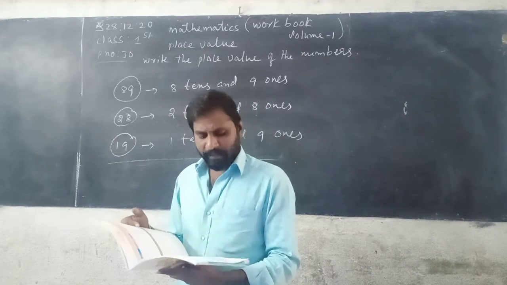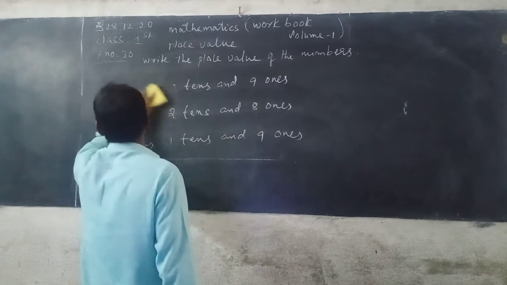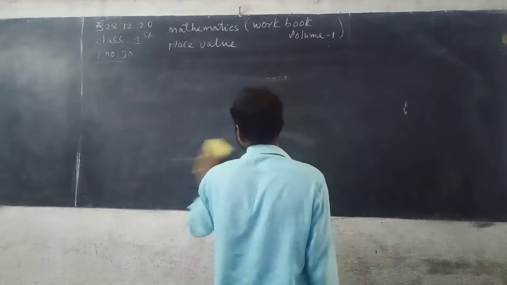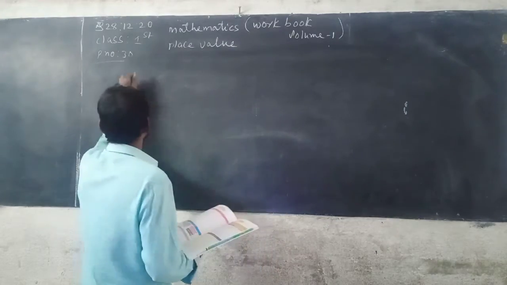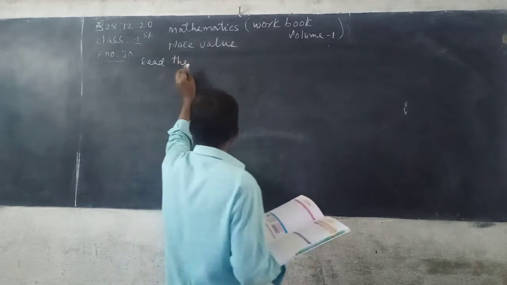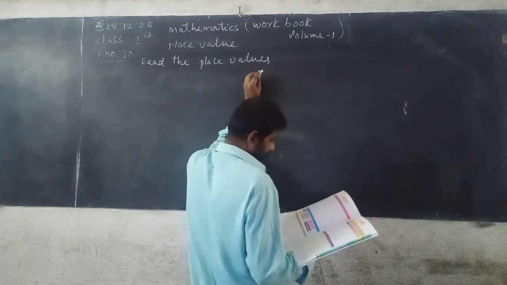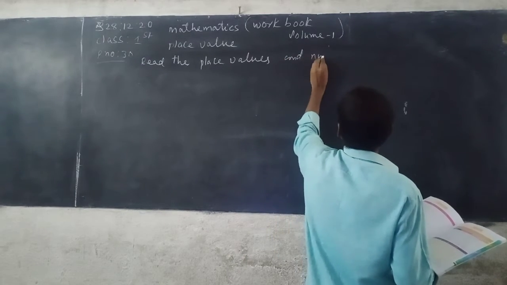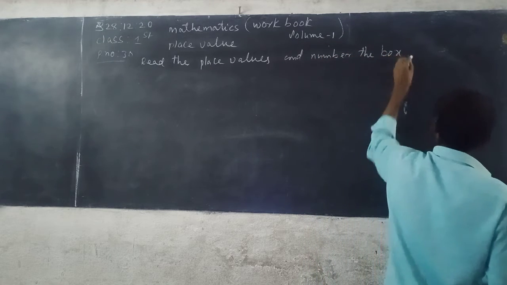Next, read the place values and write the number in the box.